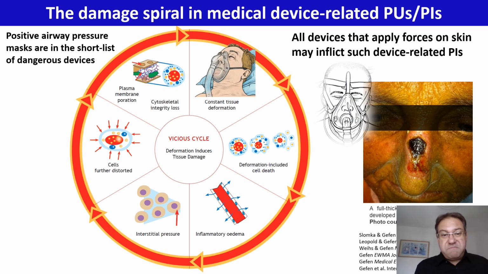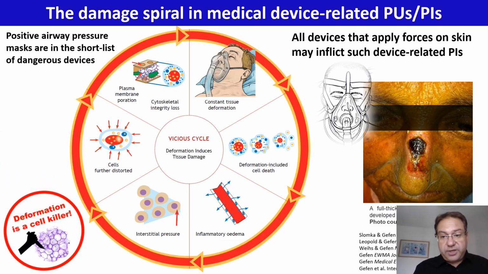And this becomes a vicious cycle for cells and then for tissues, and ends up as massive tissue damage or death, as you see on the right-hand side of the slide, for this loss of facial tissue at the nasal bridge, which is classic in CPAP masks or CPAP mask users, and it's very common as well. These types of damages are seen after as few as 2 hours of use.